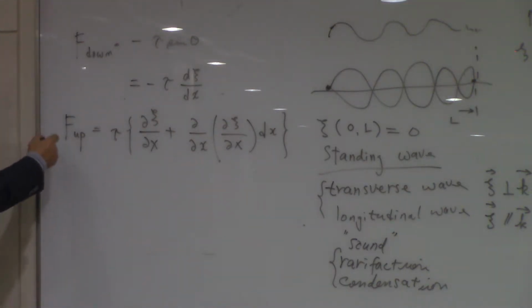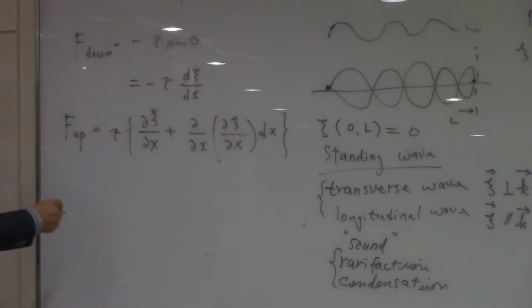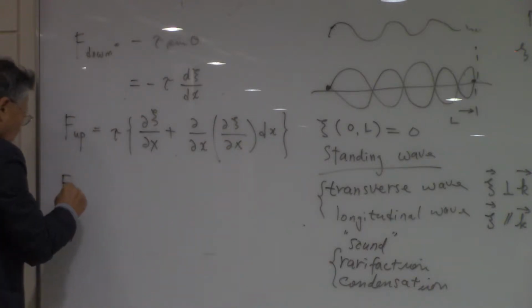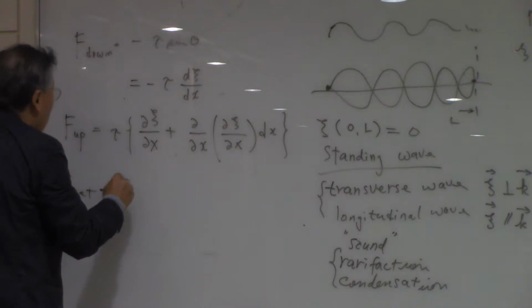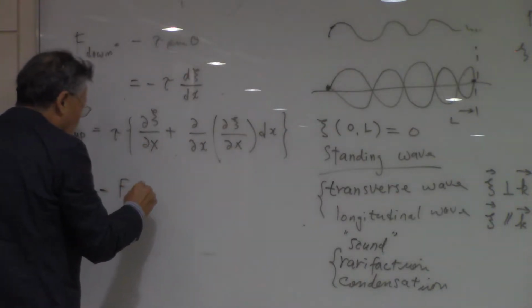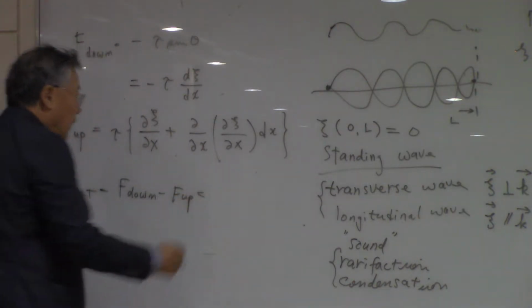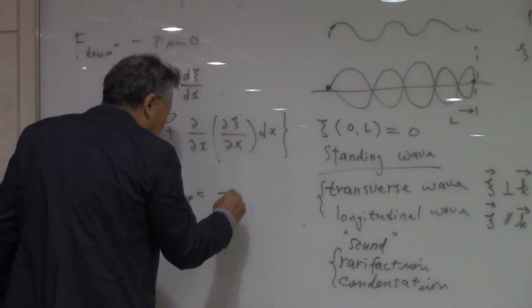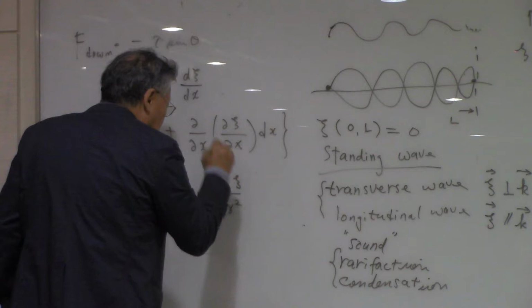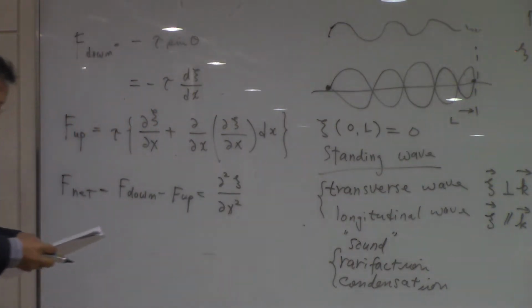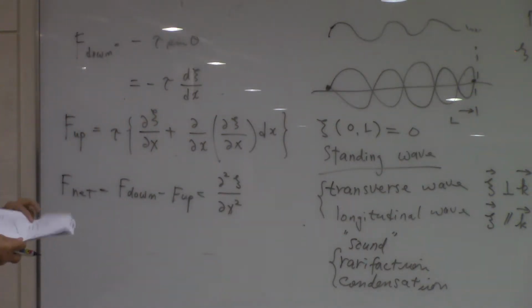So when you make a subtraction for up and down, then F net, which is equal to down minus up, is going to be ∂²ψ/∂x² dx, something like this.